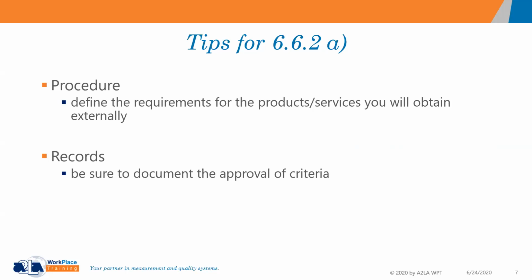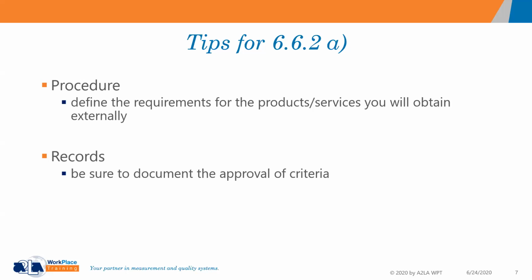A lot of that is going to come from 6.4, which is the equipment section of 17025. A lot of the products and services that you get externally are going to be equipment related. And so you may find those pieces, that acceptance criteria, defined in that section of the standard versus in 6.6.2A. But you are responsible to have some sort of procedure that has these pieces of the criteria defined for you.